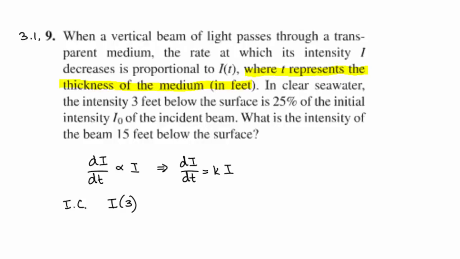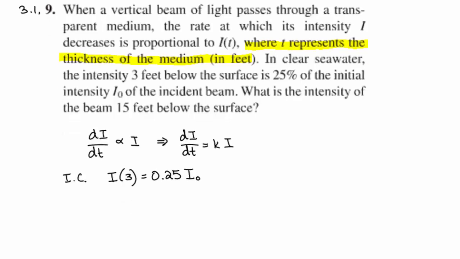So 3 feet below the intensity is going to be 25% of the initial intensity, which they're calling I sub 0. Oh, by the way, this is assuming that the initial intensity is just the intensity at the surface.